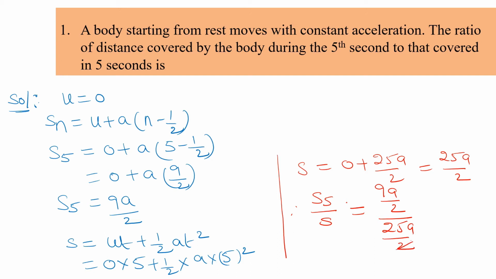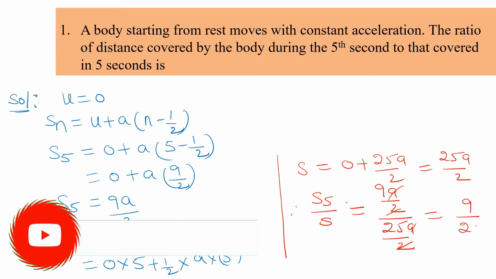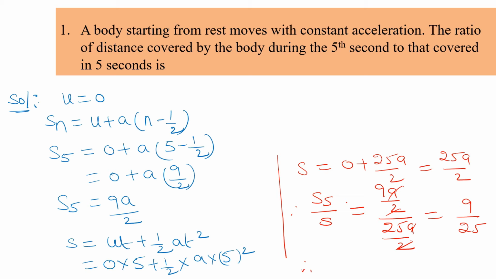Here 2 gets cancelled, a gets cancelled. So we are getting 9 by 25. Therefore S5 is to S is equal to 9 is to 25. Okay. Next we will go to the next question.